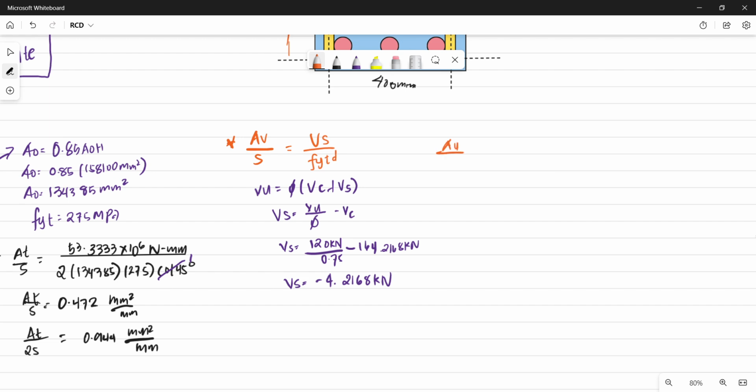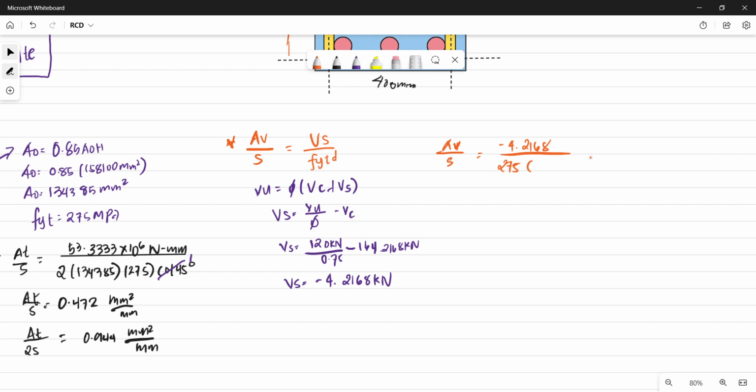AV over S was to VS na negative 4.2168 kilonewton divided by yung 275 times, let's say Newton na lang natin. So this is negative.